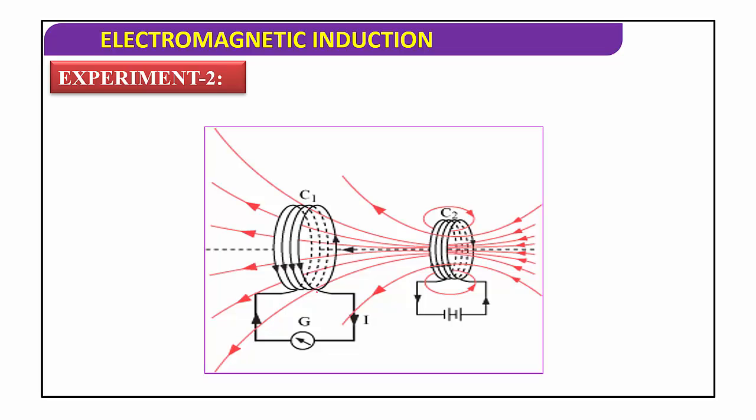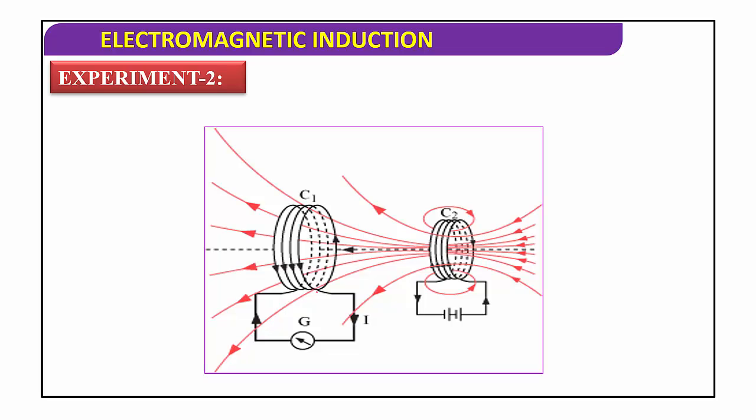When electric current is flowing, we know that the current is surrounded by both an electric field as well as a magnetic field. Anyhow, now we consider only the magnetic field. The second coil is completely surrounded by a magnetic field. Here, when the battery is switched on, for example, I am going to consider a 12 volt battery.